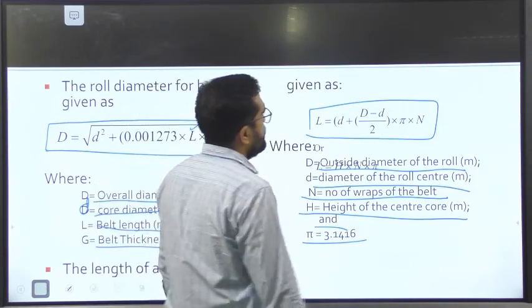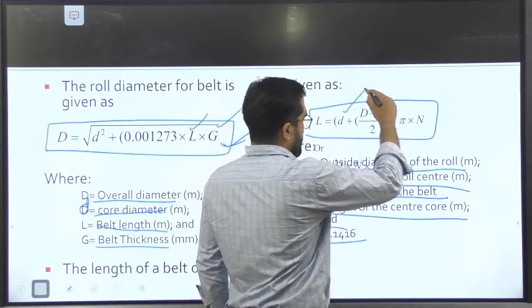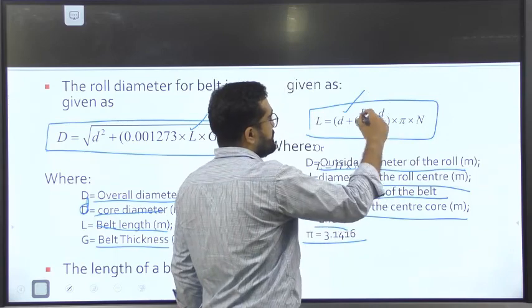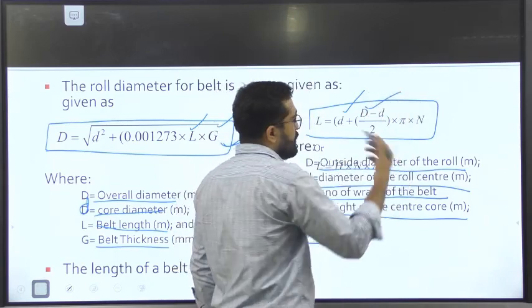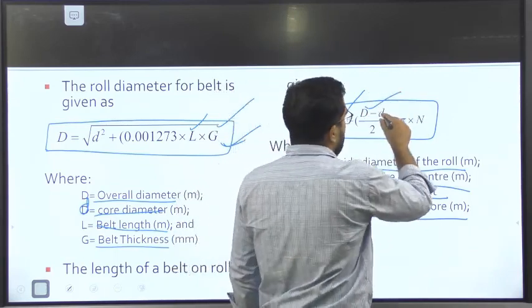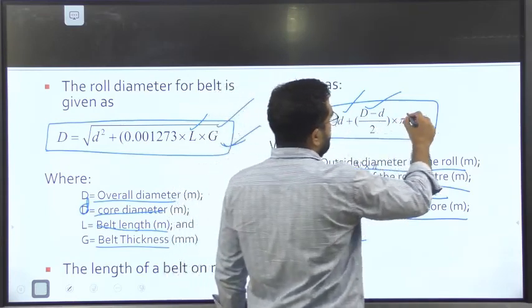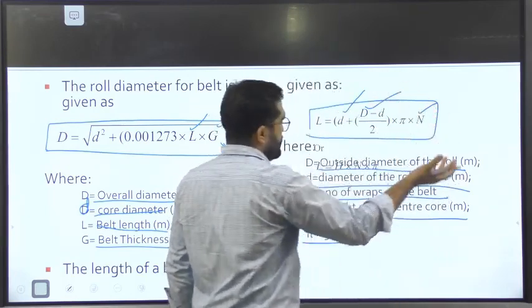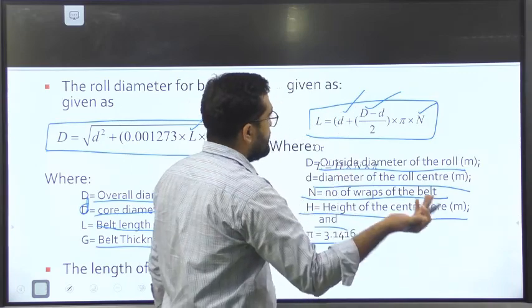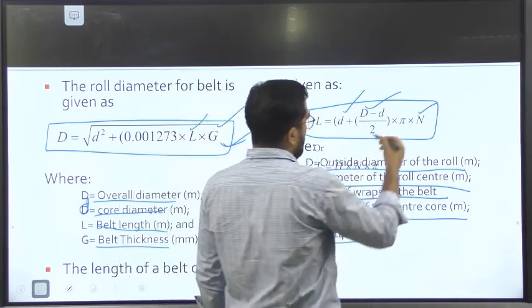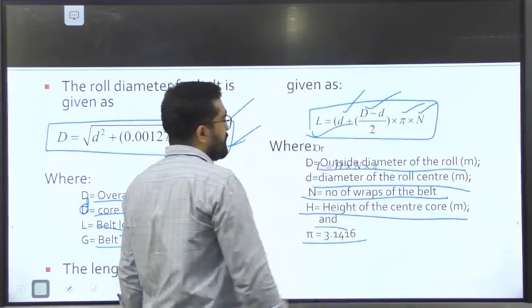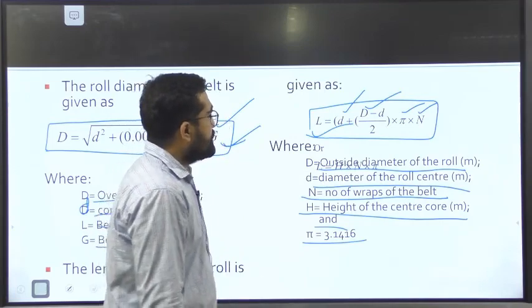So D is the outside diameter of the roller, d is the inside diameter, N is the number of revolutions or number of wraps of the belt, and pi is a constant. This is how we will get the length of the belt.